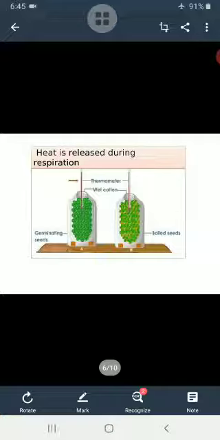There is a rise in temperature, and this shows that heat is released during respiration, and the temperature of the germinating seeds gets raised. There is no rise in temperature in container B, which contains the boiled seeds.